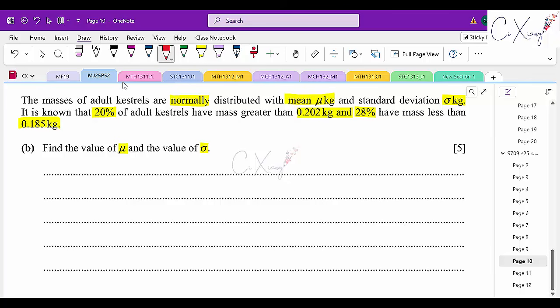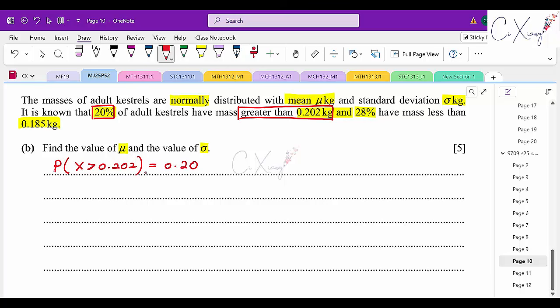To find the mean and standard deviation, we need to form two equations and solve them simultaneously. Let's have a look here. The first information is that 20% is the probability. 20% has mass greater than this amount. Let's say x is the mass. In symbol form, the probability of the mass more than 0.202 kilogram equals 0.20.